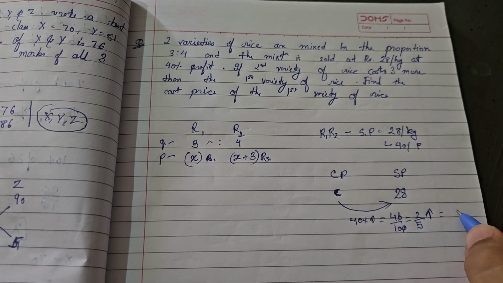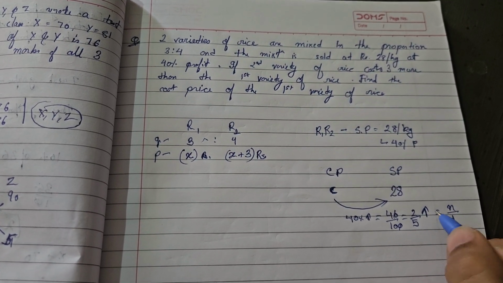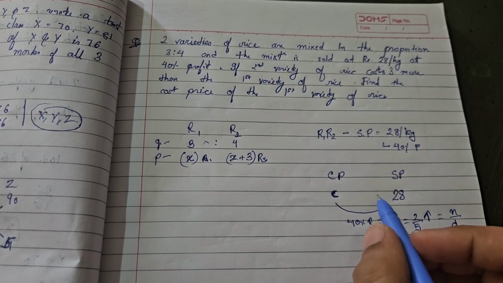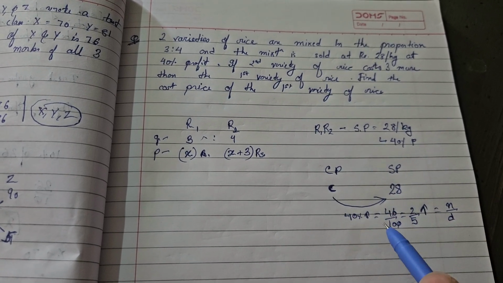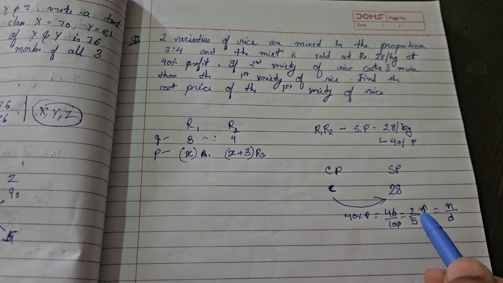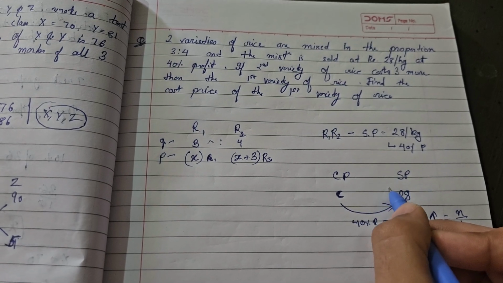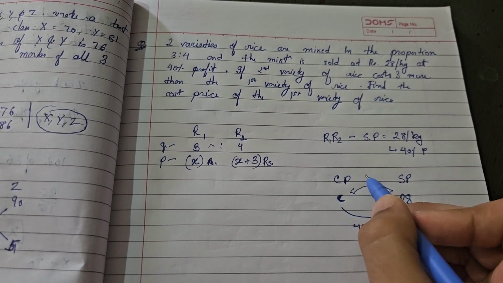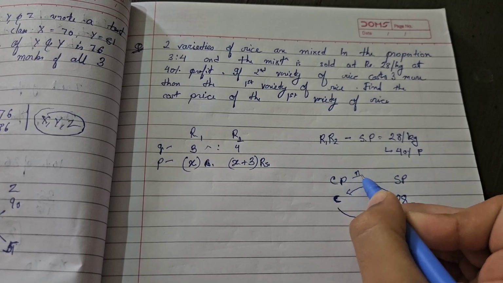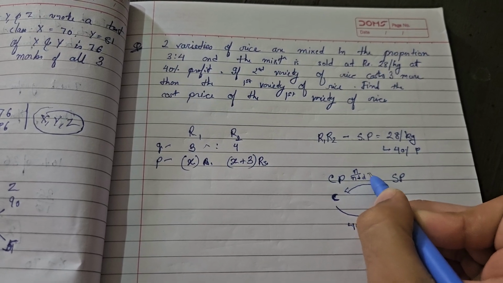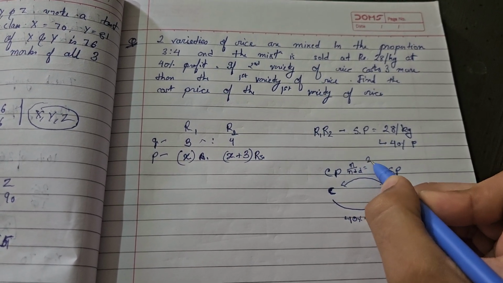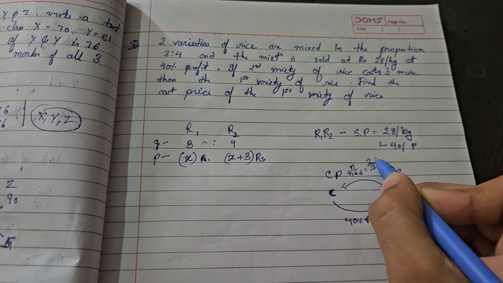Now this 2 by 5, I can write as N by D, where N is 2 and D is 5. A very simple trick is, if going up we have an N by D increment, then while going down, this decrement would be N upon N plus D. In this case, it would be 2 upon 2 plus 5, which is 2 by 7.